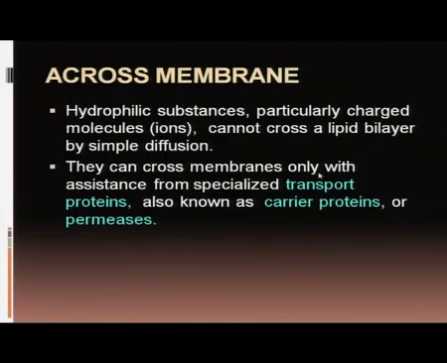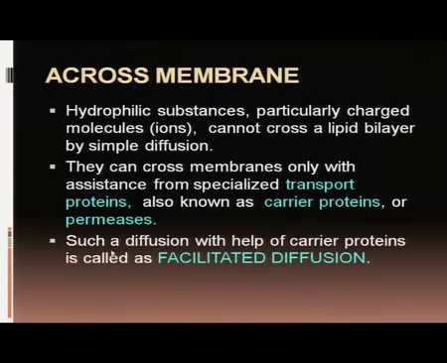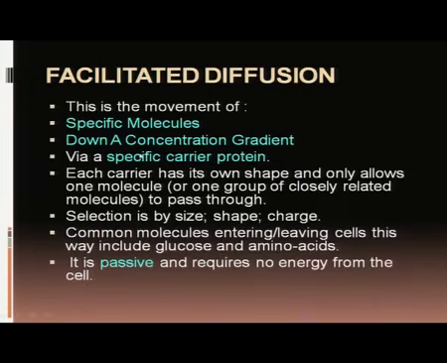They can cross the membrane only with the assistance of specialized transport proteins known as carrier proteins. They are also known as permeases, and such a diffusion with the help of carrier proteins is called facilitated diffusion. Facilitated diffusion is the movement of specific molecules down a concentration gradient and via specific carrier protein.